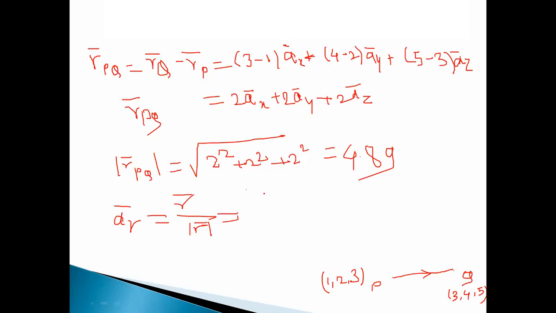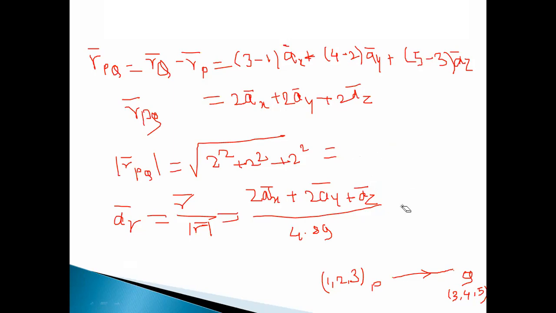That is 2a bar x plus 2a bar y plus 2a bar z divided by 4.89.